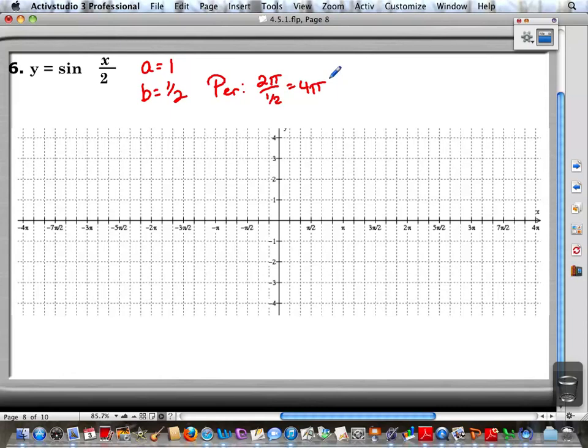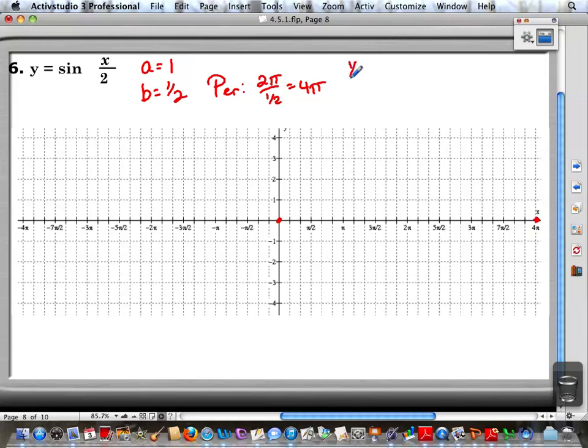So it's a sine function. I haven't changed the amplitude, so I know I'm starting at 0. But now I'm going all the way out to 4 pi. Okay? So I've stretched everything out.